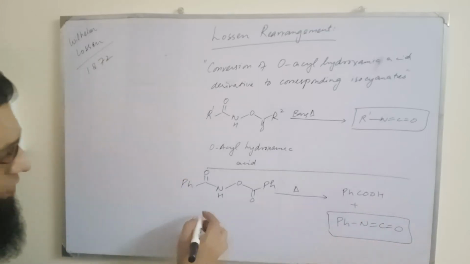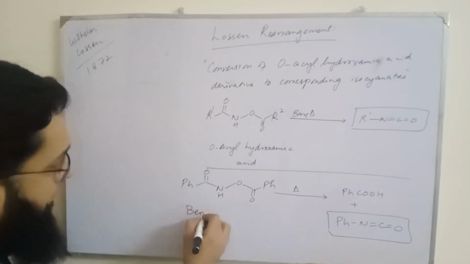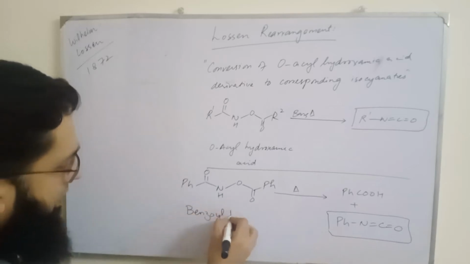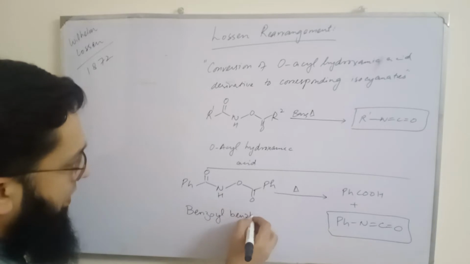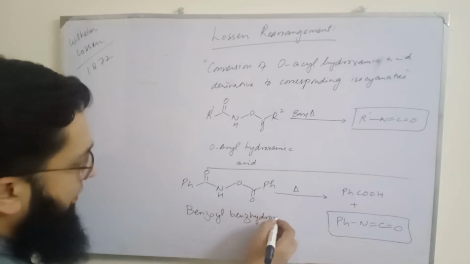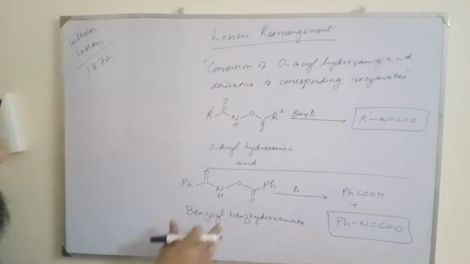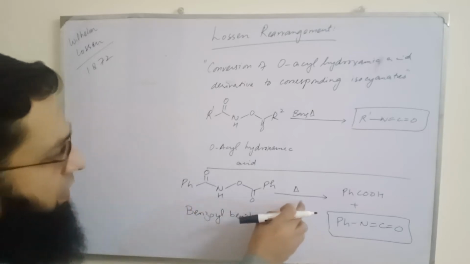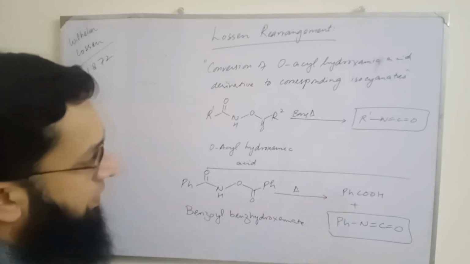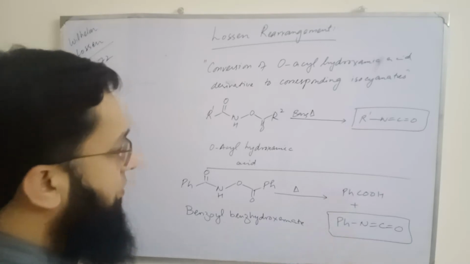This is benzoyl benzhydroxamate, and when this compound is heated, it converts into benzoic acid and phenyl isocyanate.